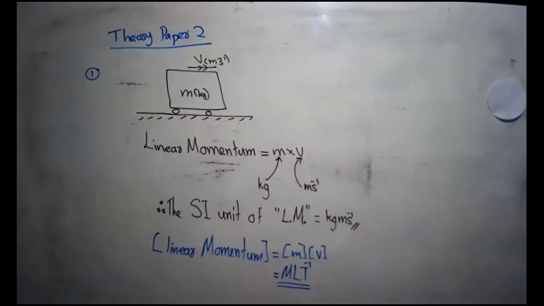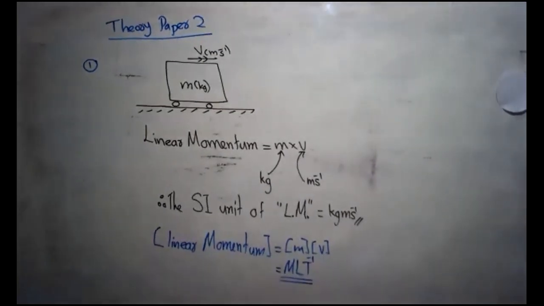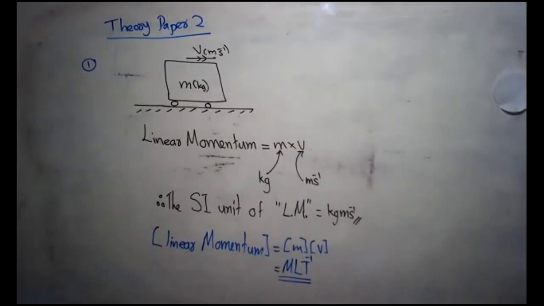The total linear momentum of an object or a system of objects is conserved along a direction where there are no external unbalanced forces. Okay, dear?